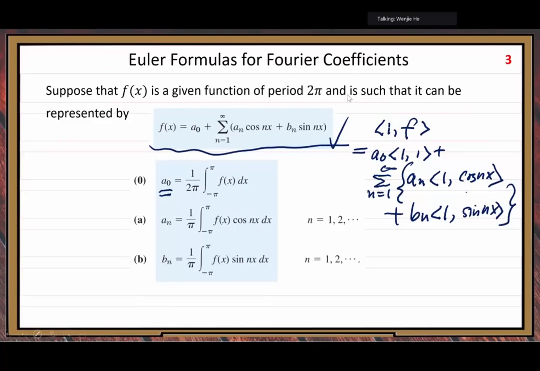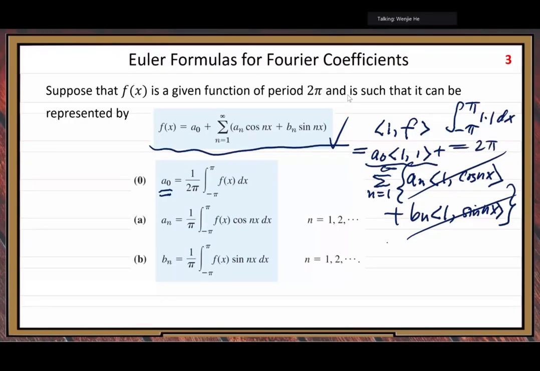Based on the orthogonality, all of those are gone, all 0. Then only this one is left. The inner product of 1 and 1 is the integral from negative pi to pi of 1 times 1 dx, that's 2 pi.